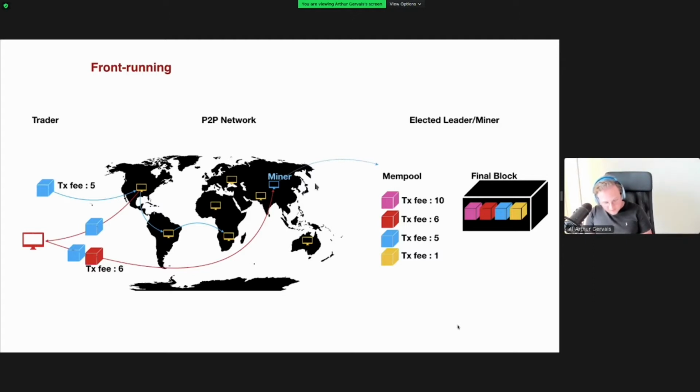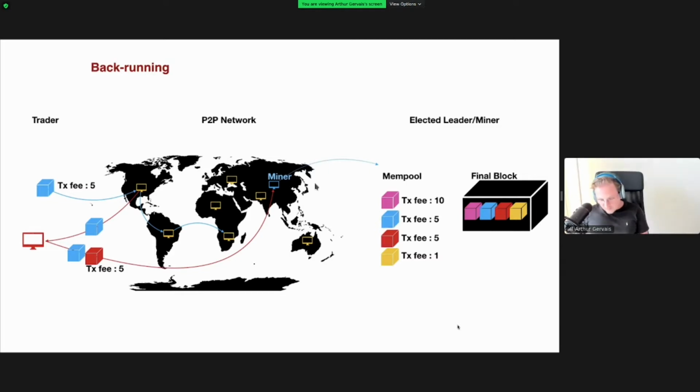So why don't I front run this transaction with a transaction that pays a slightly higher fee, so that when it eventually hits the miner's pending transaction queue, I'm actually one position before this particular victim transaction. And naturally, as an adversary, I hope that I'm then also one position earlier in the final block. I might need to make a note that the smart contract execution follows the order of the transactions in the block.